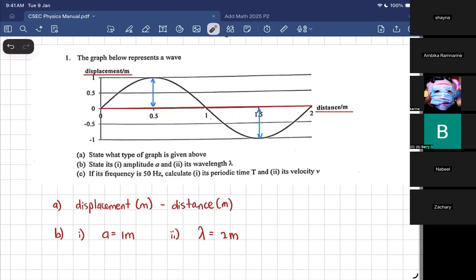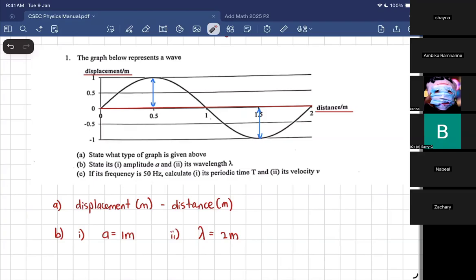Zachary, do you understand what wavelength is? Lambda? I don't know if you understand what a wavelength is.